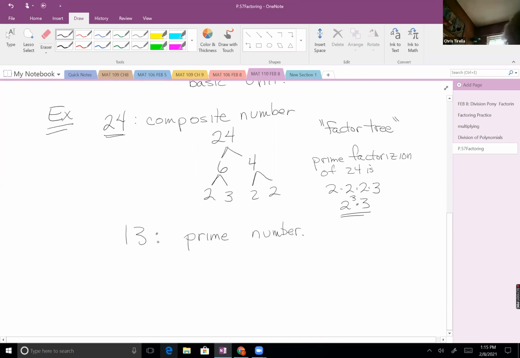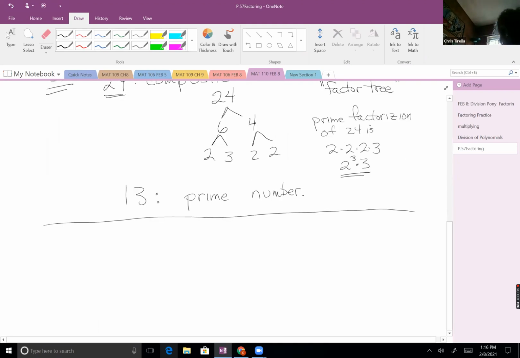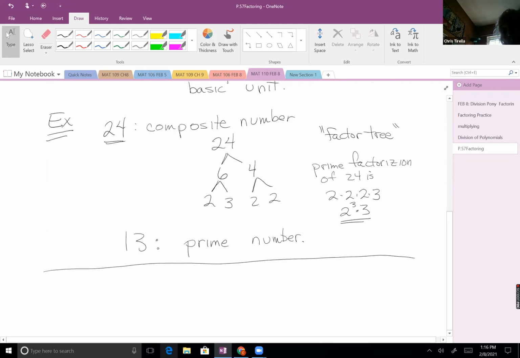And so what we're going to be trying to do is factor not numbers, but polynomials. And in order to factor polynomials, there's different types of factoring that we do.